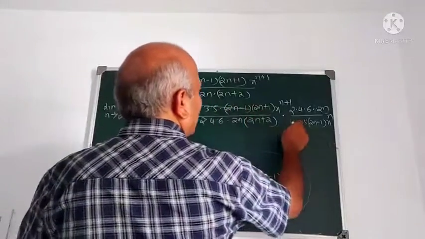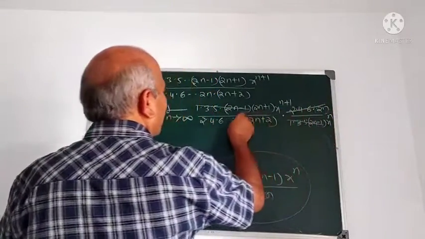Now up to 2n minus 1 cancels. Up to 2n cancels.